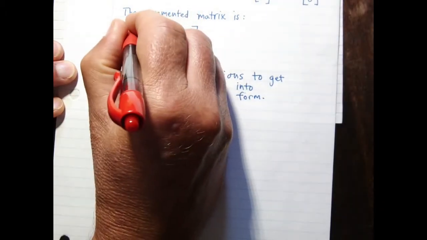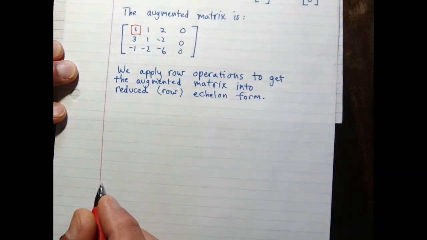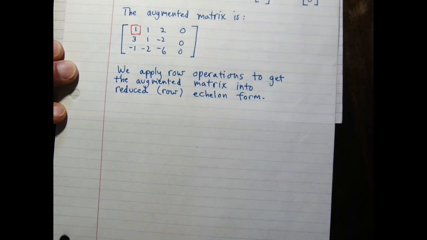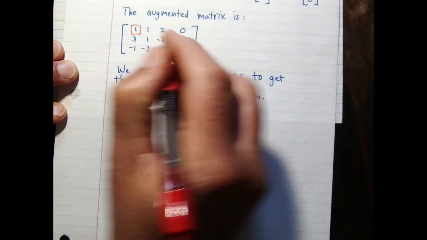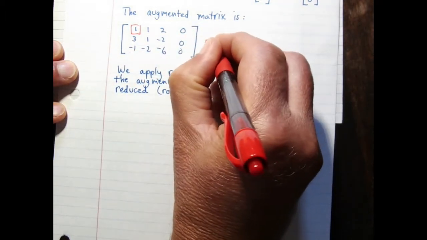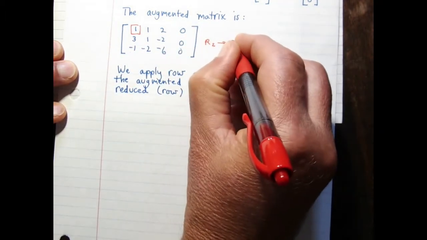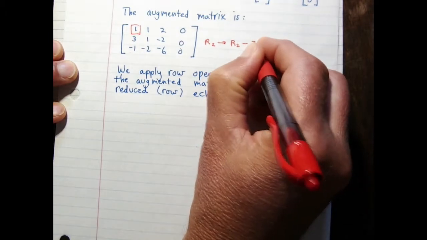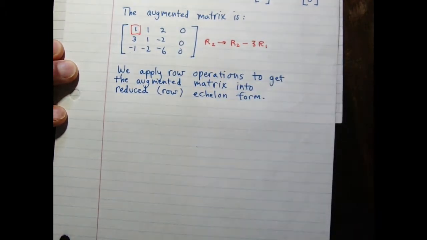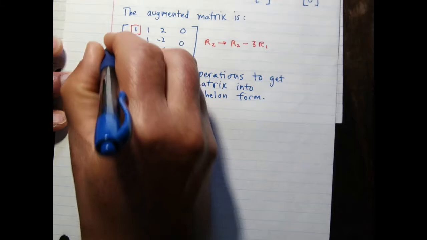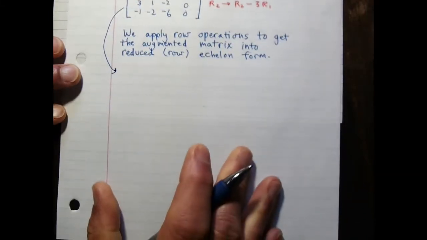I already have a 1 in this upper left-hand position, so that's great. That's going to become a pivot. I want zeros below that 1. So I'm going to replace row 2 with row 2 minus 3 times row 1. And let's write down what we get.